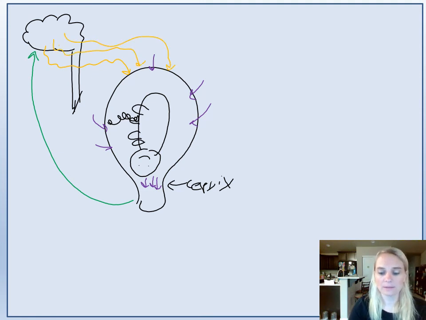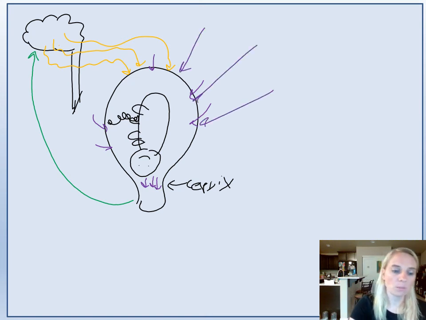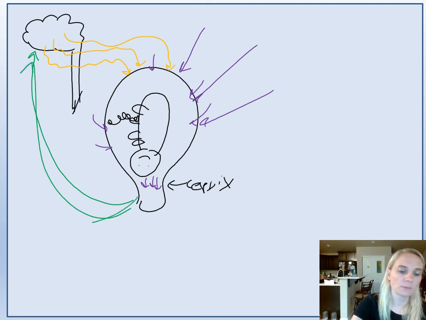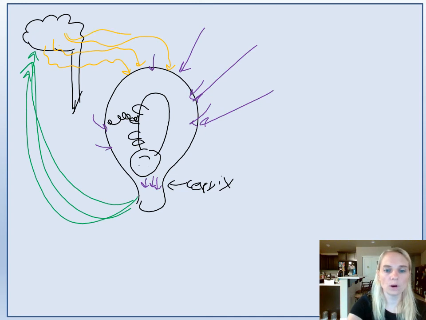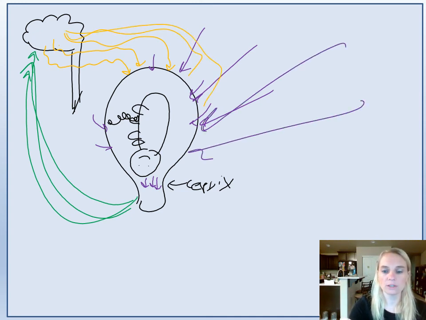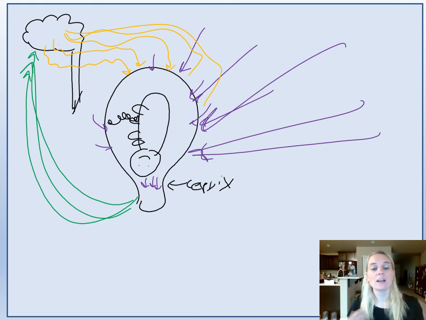And what are we gonna get? Oxytocin triggers contractions. So we get more contractions, bigger arrows, we get more stimulus from the stretched and pressured cervix, which is going to give you more oxytocin, which is going to give you more contractions. You see this snowball effect?